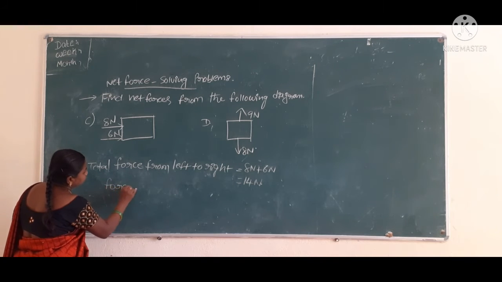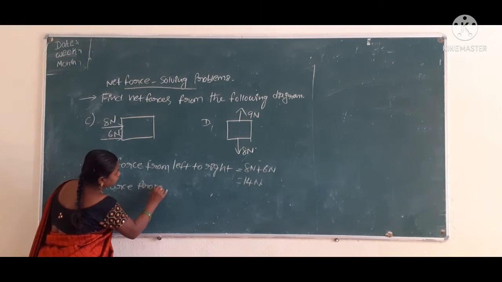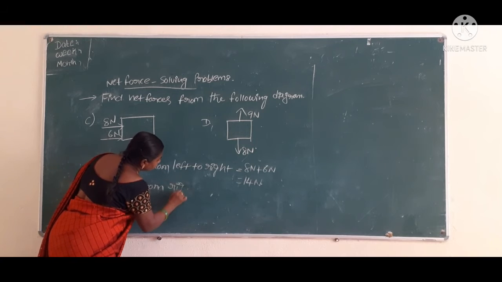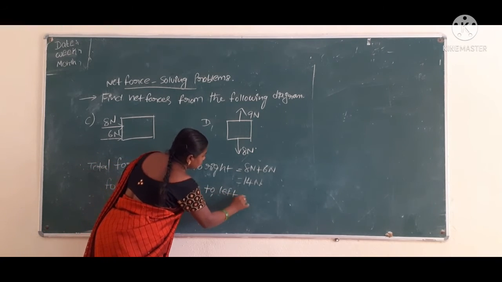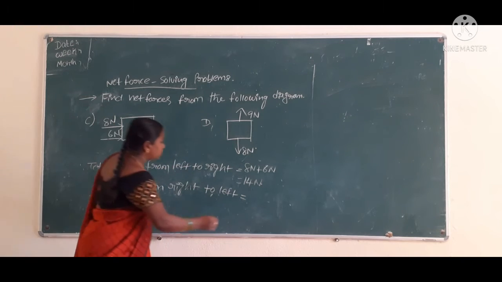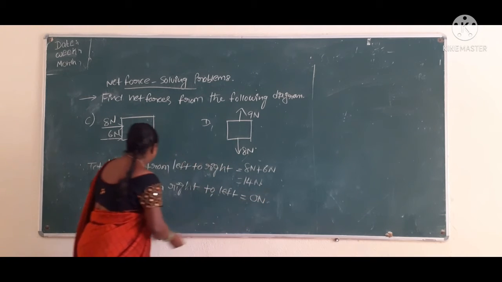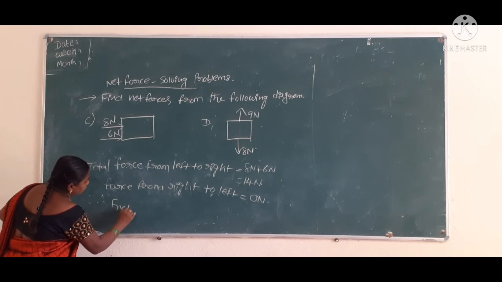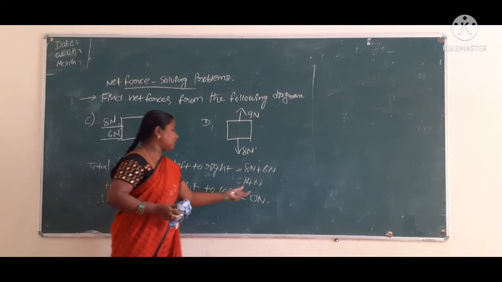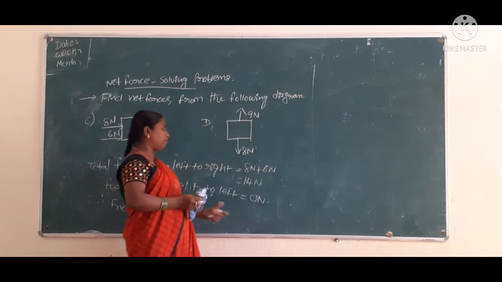The force from right to left is 0 newtons. Therefore net force is equal to the biggest number minus the smallest number.